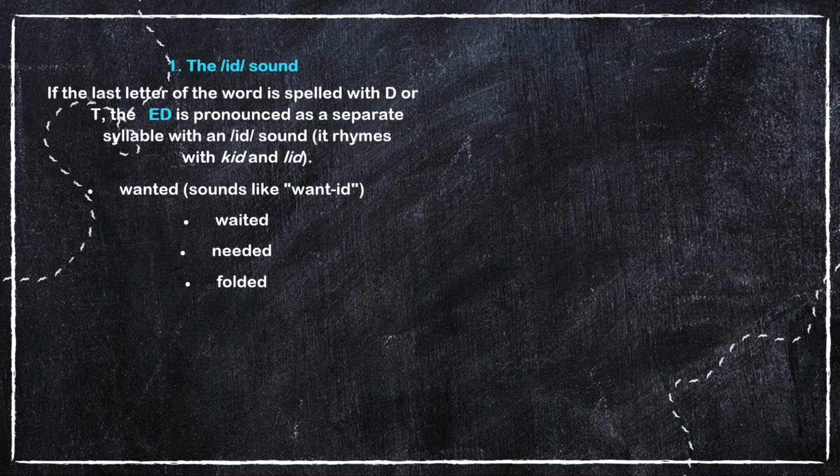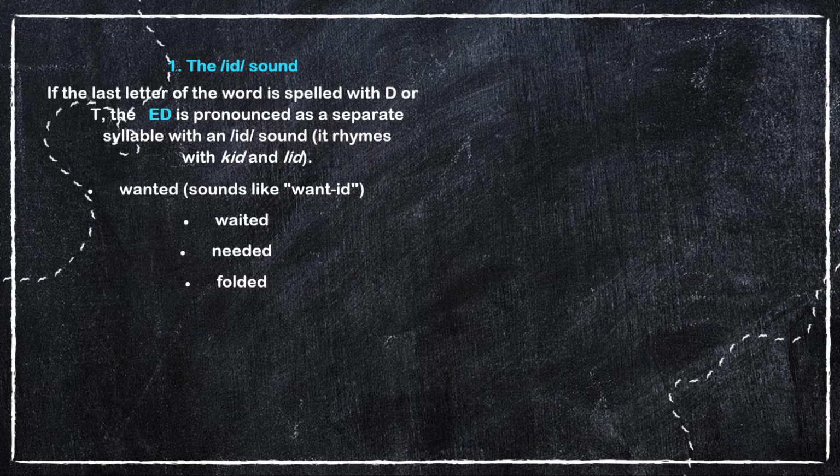Here you have the first one, the id sound. If the last letter of the word is spelled with D or T, the ed is pronounced as a separate syllable with an id sound. It rhymes with give and leave.